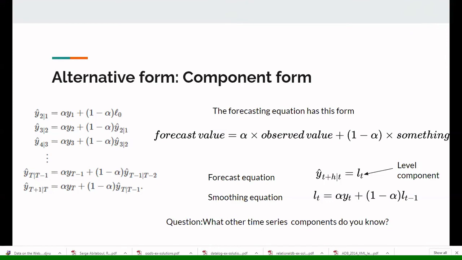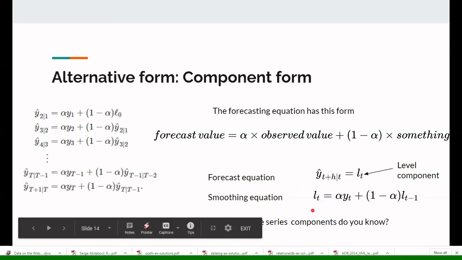Na-miss ko na ang boses ni Ribas. Sir? Oh, ikaw ba yan? Yes po. Riva speaking. Ribas, so ano pa yung mga ibang component na alam mo sa isang time series? Itong trend, sir. Seasonal. Correct. Seasonality, trend, and cycle. Right? Yes, very good. Thank you.